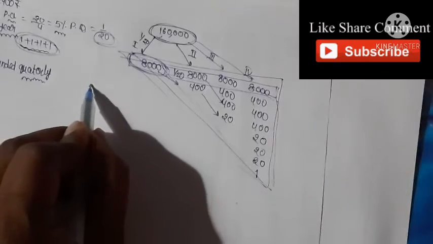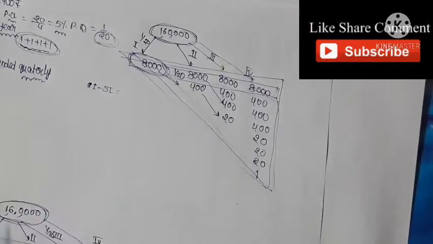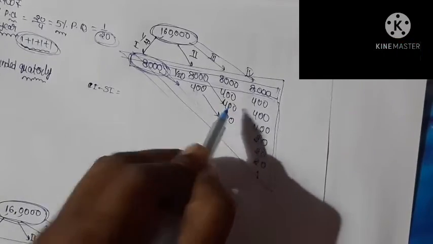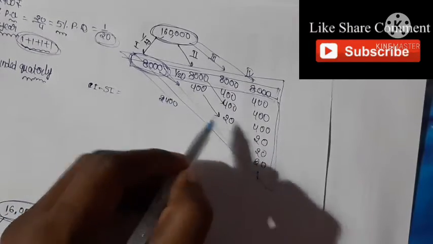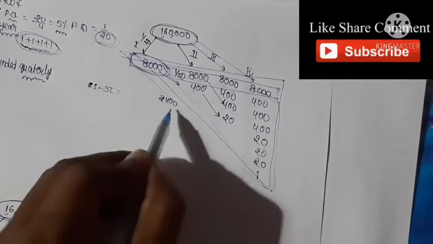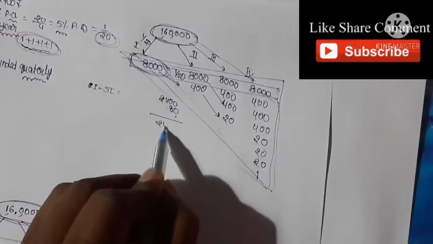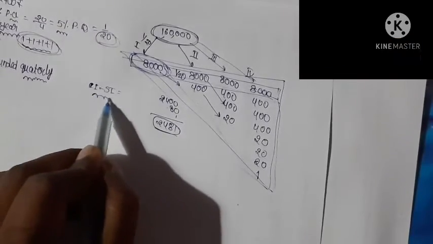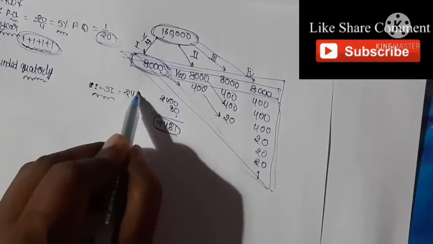So 400, 400, so 2,400, plus 81, so the value is 2481. So the difference of compound interest minus simple interest is 2481 units.